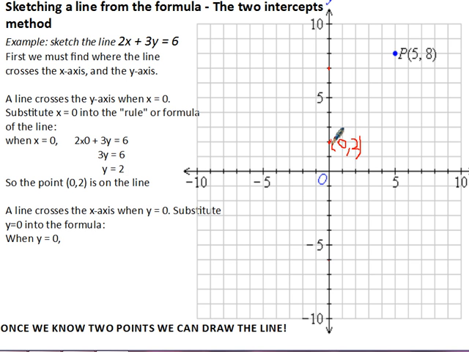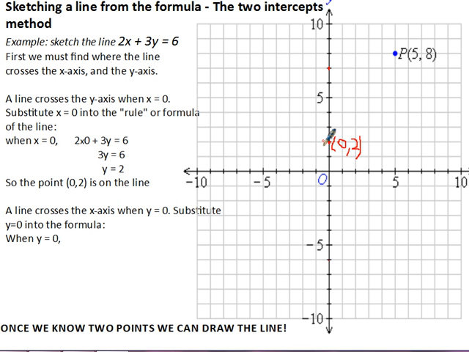So I've found the point where my line crosses the y-axis, and it's the point (0, 2), which coincidentally we've already drawn. Let's see if we can find the point where the line crosses the x-axis.